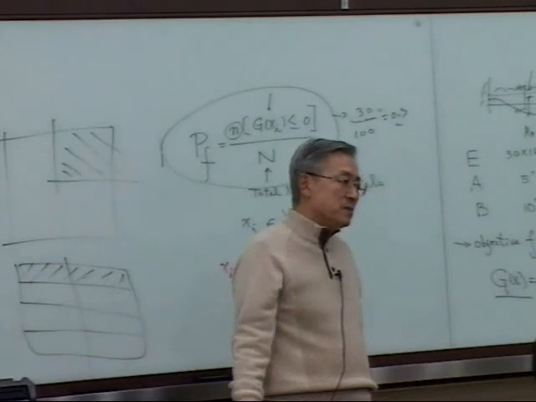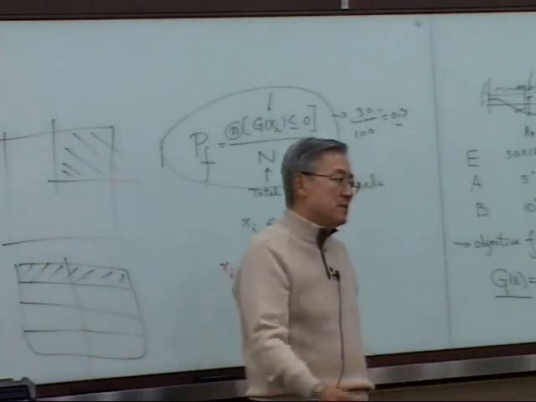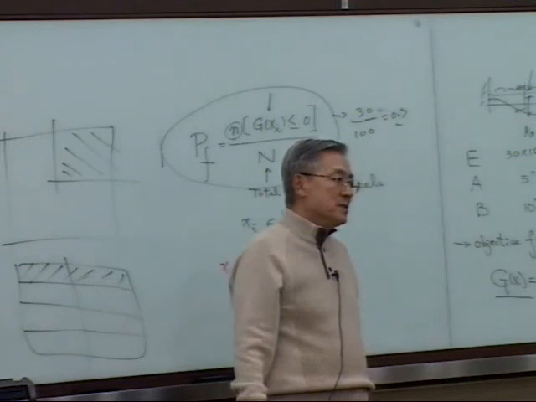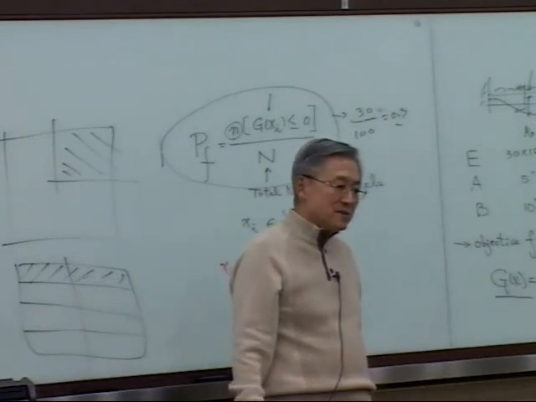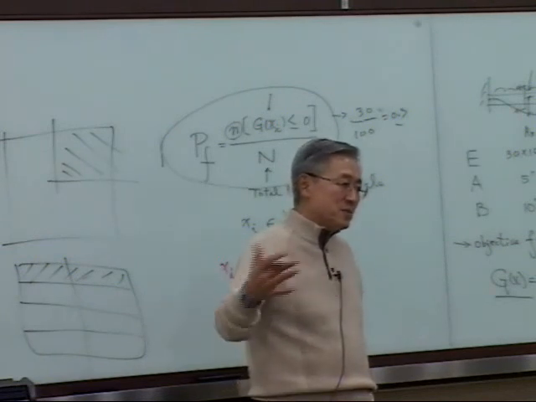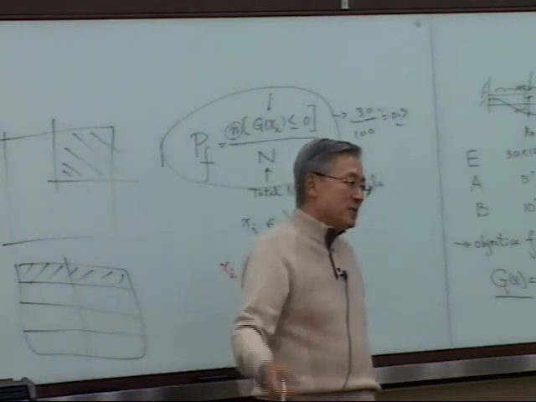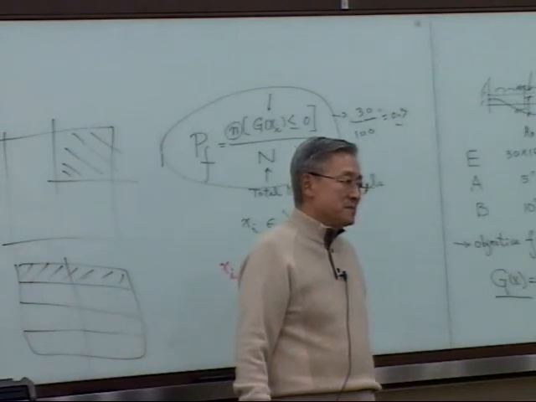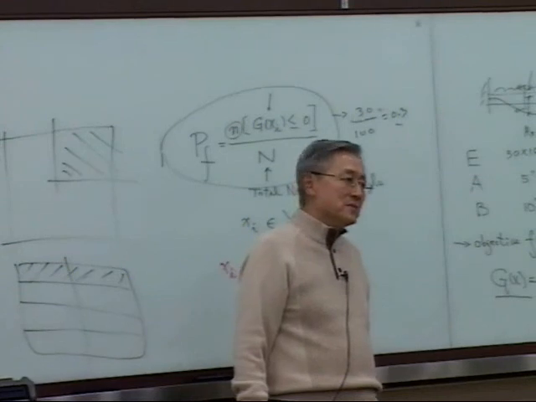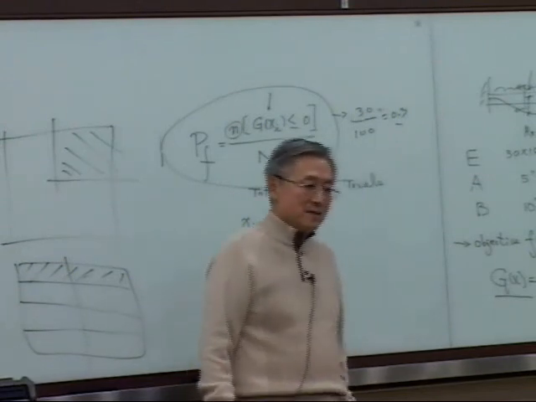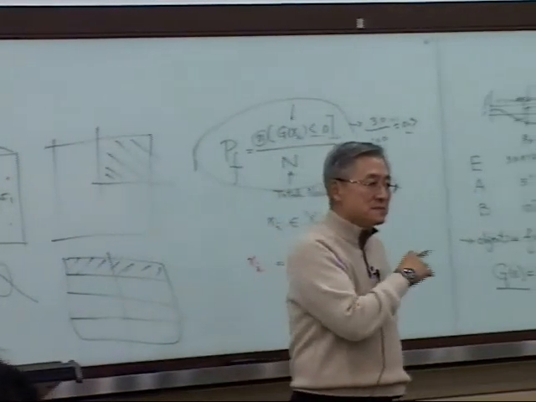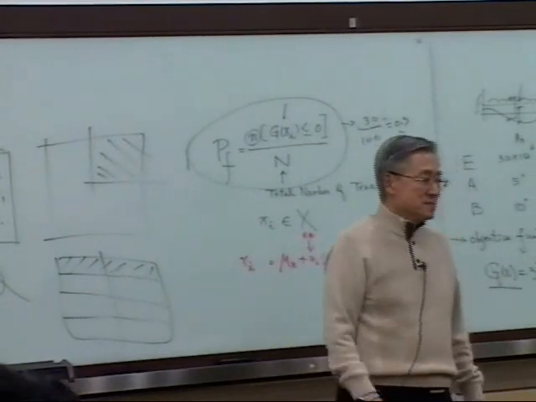Friday, we'll do that. Then also problem number 7.2 and 7.3. If it's too much, then we'll do it next week. Okay, so I'll see you Friday. Any questions on Monte Carlo? Okay.